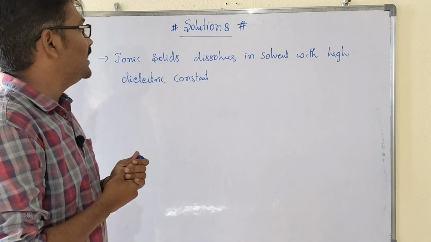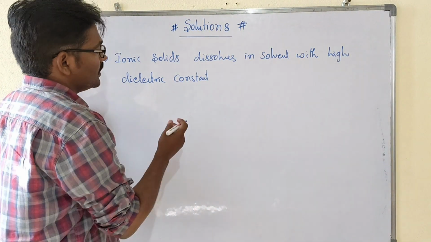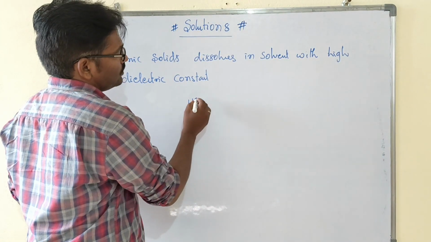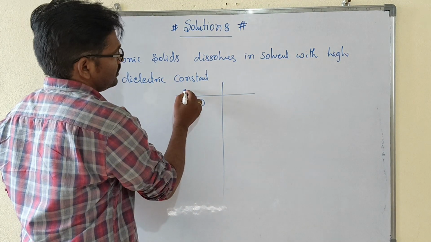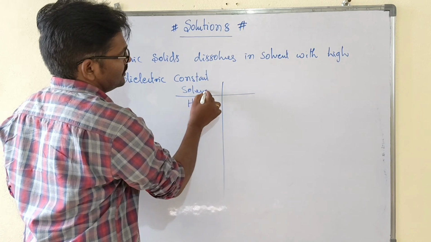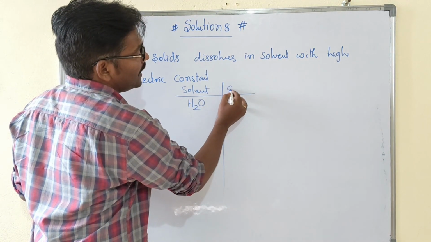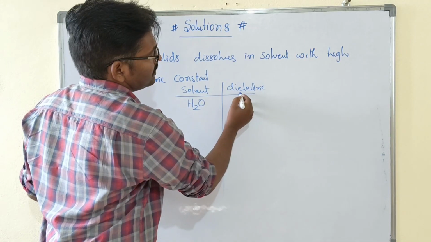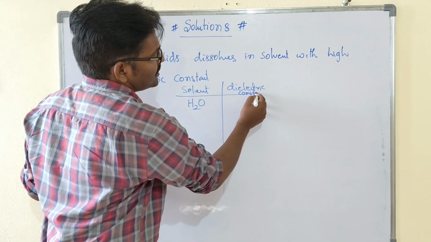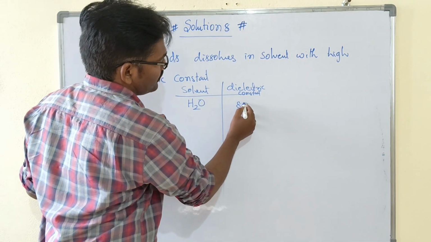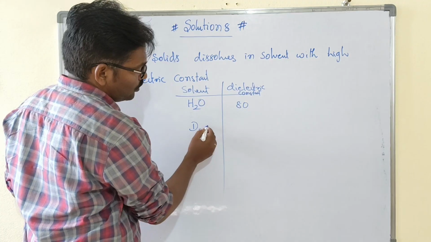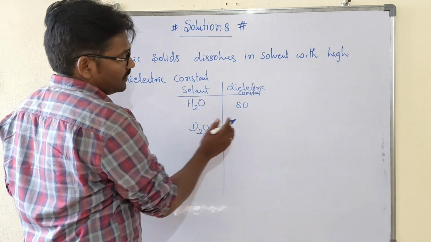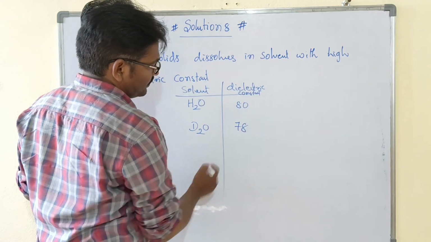Dielectric constant, what is it? For example, H2O is a solvent. The H2O dielectric constant value is 80. Then D2O, deuterium, which we call heavy water, is 78.